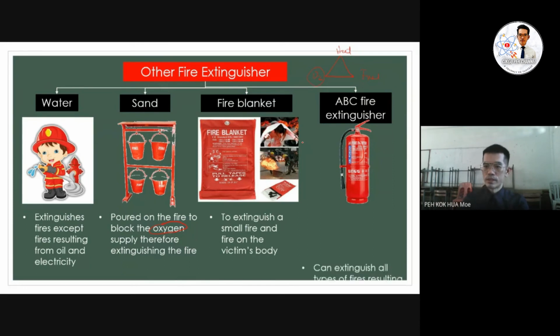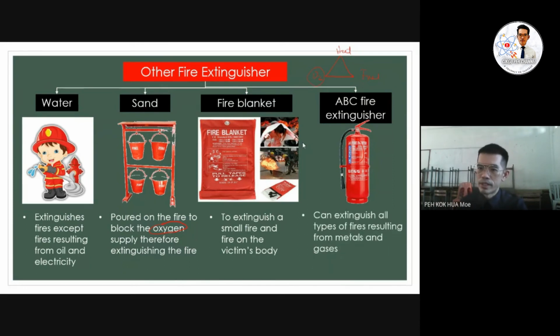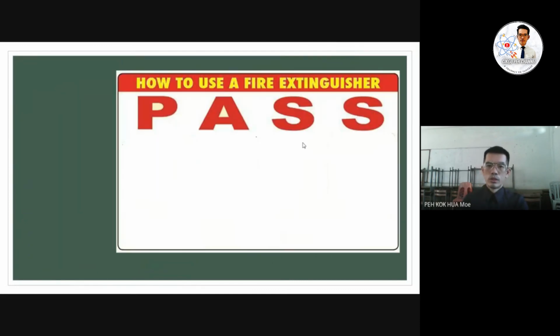This type of fire extinguisher is able to extinguish all types of fire, including fire caused by metal and gases. So we go to our next part. I think this is almost the end of the discussion in chapter 1.